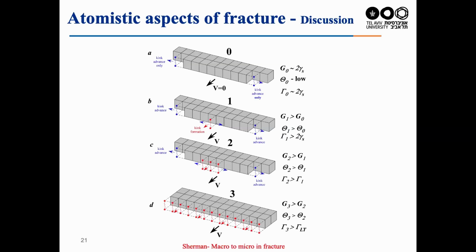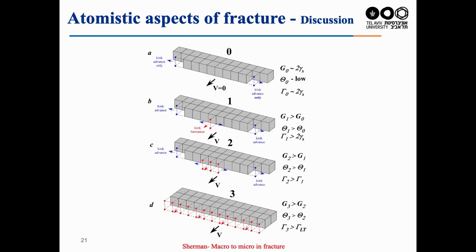Okay, so if you have a crack front with no kink formation, with no kink nucleation at all, then the crack will reach a certain propagation only by kink advance and will stop because it has no sufficient energy to propagate. But when it has higher than 2 gamma surface energy, here, this is G naught, about 2 gamma surface, a bit below. This is G1 greater than G naught.